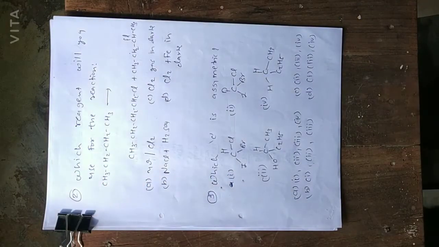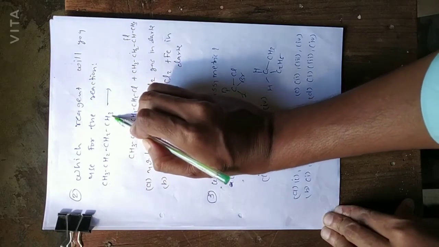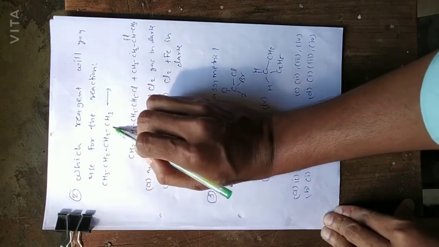The next one, second one, is like this. Which reagent will you use for the reaction? Reaction is given to us. You can see in the reaction 4 carbons are there. So it is butane.